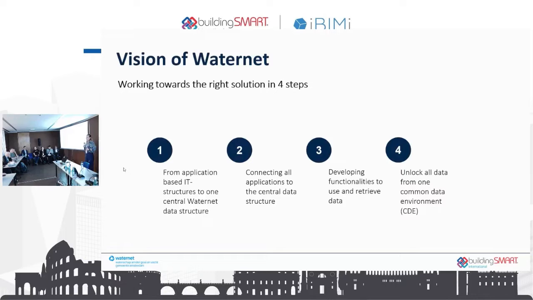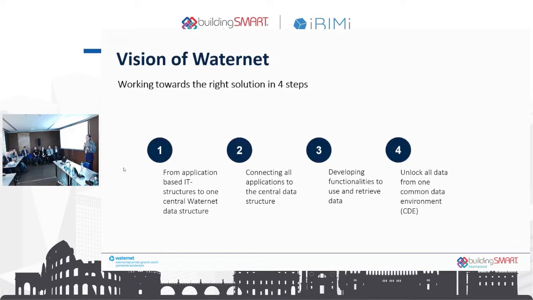So to gradually move there, we first are looking at the different IT structures and applications that already exist at Waternet. We try to combine the knowledge which is already in these applications in one central data structure, the Waternet ontology, or in Dutch, the OTL, the object type library.